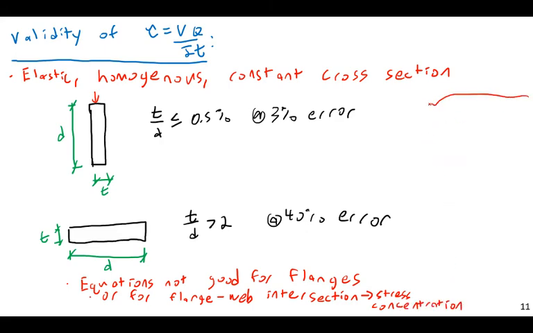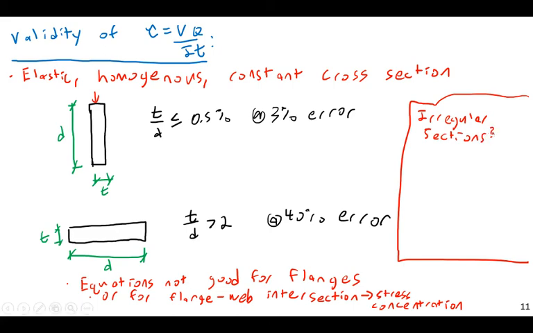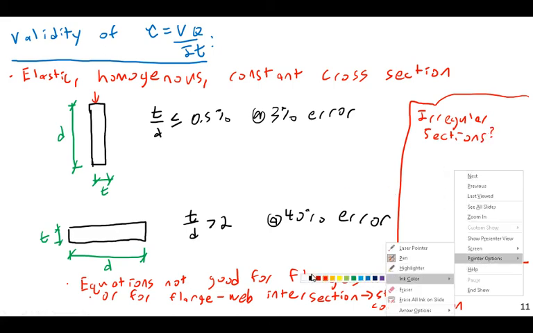Let me do a little side note over here. What about irregular sections? Something that didn't follow the nice flange-web system.